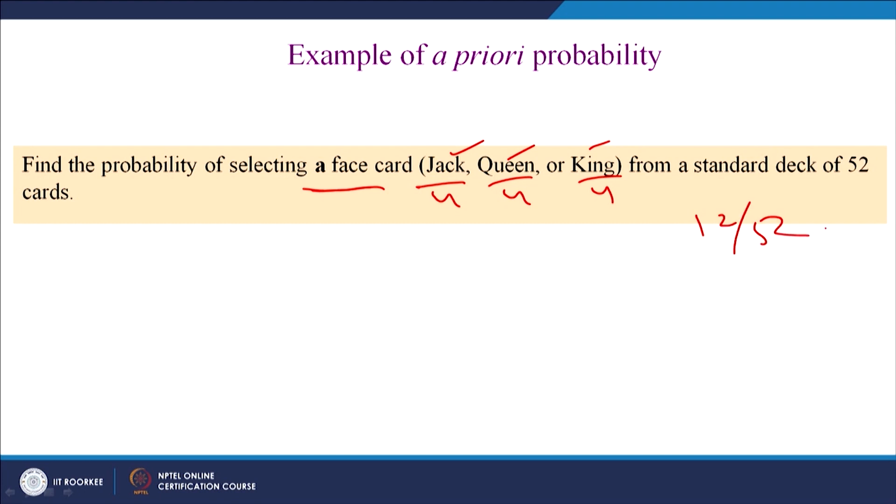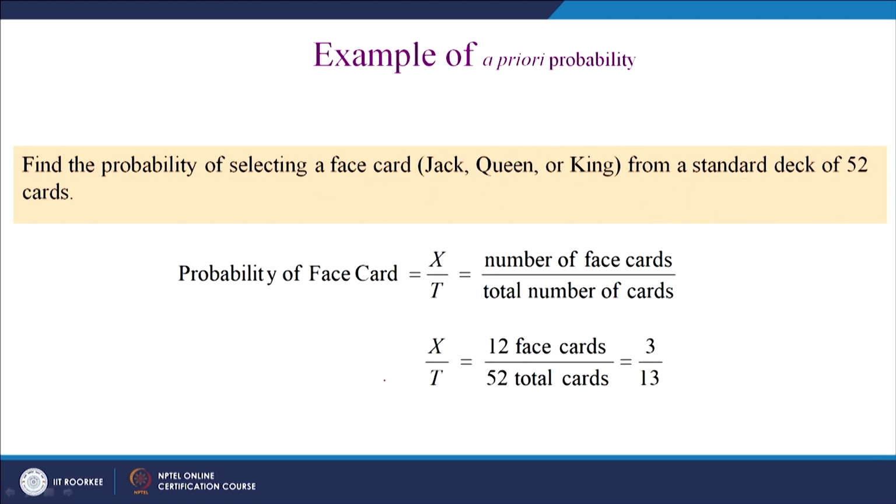So, this again you need not actually select a face card from deck of cards, you can just get the answer using that particular formula, right. So, this is 12 by 52, right, 3 by 13.